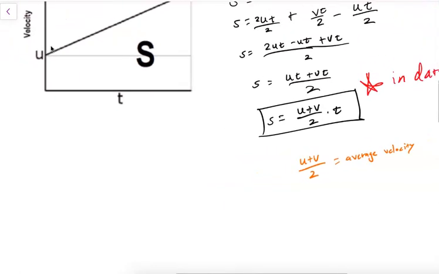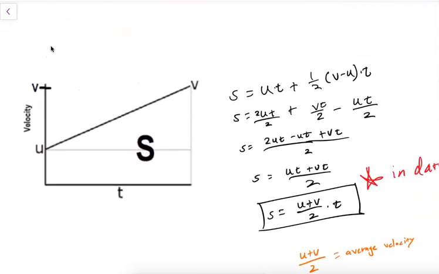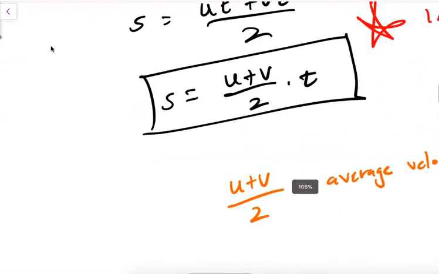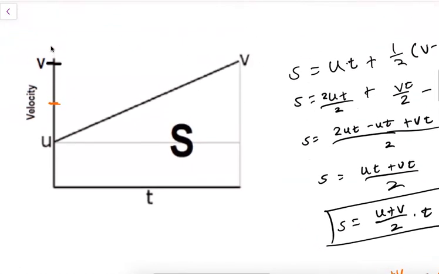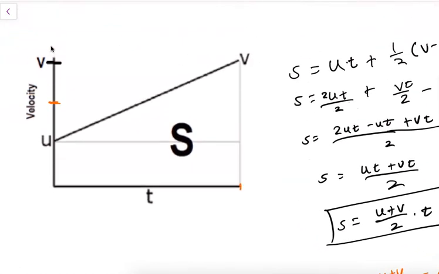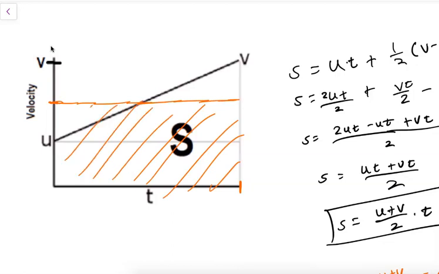So if we look on the graph, where is our average velocity? Well, it's halfway between u and v, so it's right here. So if u plus v over 2 is our average velocity, and you multiply it by some time, well, that means that this is time right here. So it's this graph right here. This area is what that equation is saying.